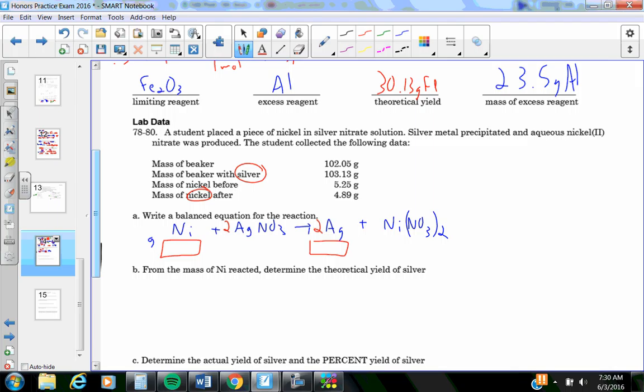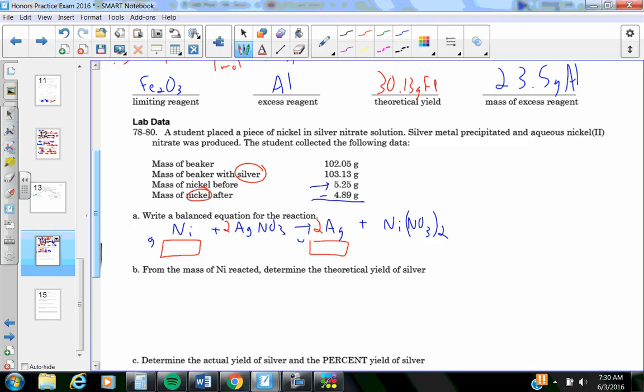Given a certain amount of nickel, we want to know how much silver we should be able to make from the mass of nickel reacted. Okay, they had a hunk of nickel, weighed 5.25 grams. But after the reaction, they still had a bunch of nickel left, but it only weighed 4.89 grams.